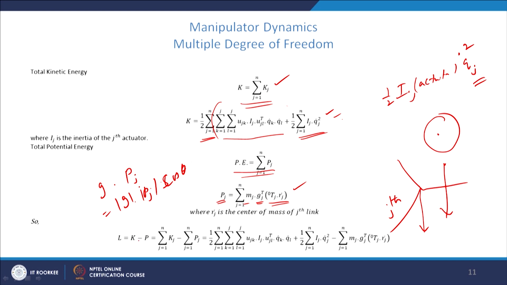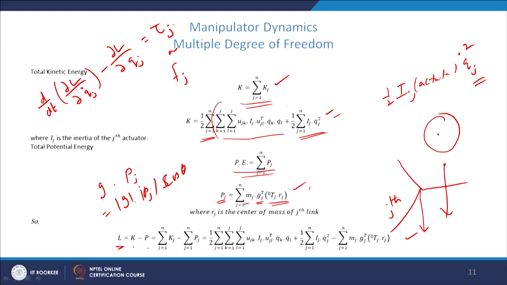Now, if you write the Lagrangian, that is kinetic energy minus potential energy of the entire system, we can collect the kinetic energy, collect the potential energy, and then take K minus P, that is the Lagrangian L. So, after this we can simply write the equation of motion, that is d by dt of del L by del qj dot minus del L by del qj equal to tau j if it is revolute, it is torque, or fj if it is prismatic, it is the force.